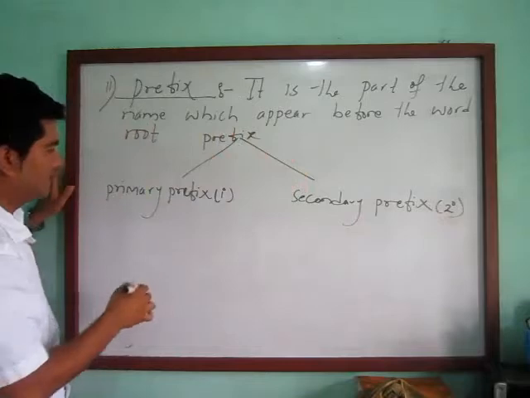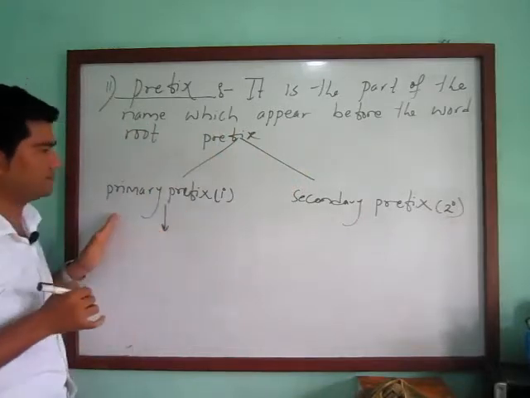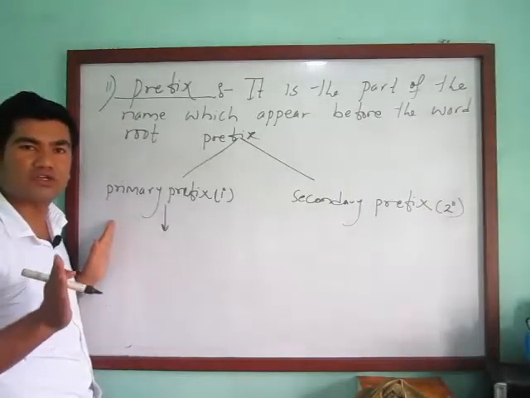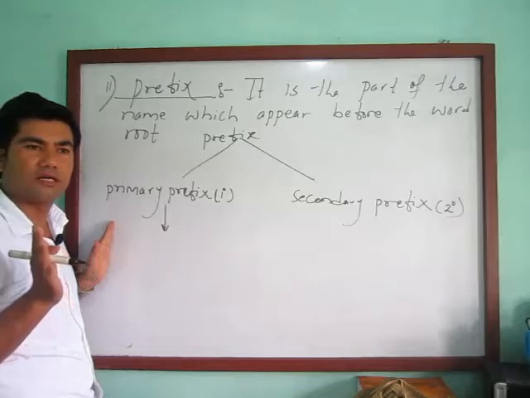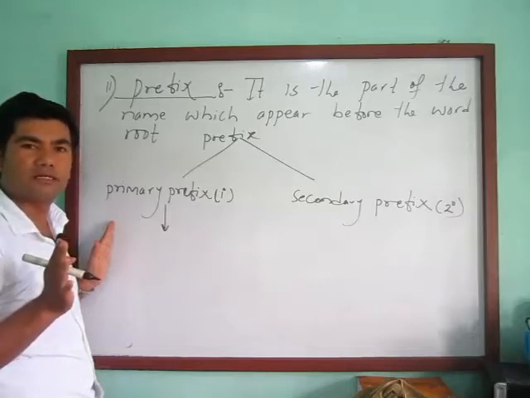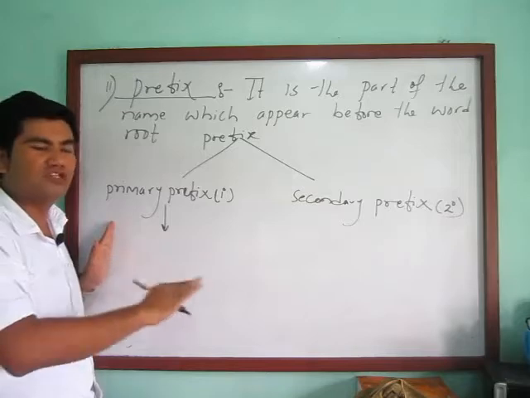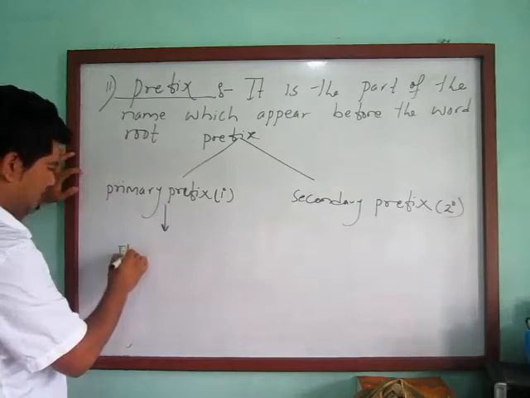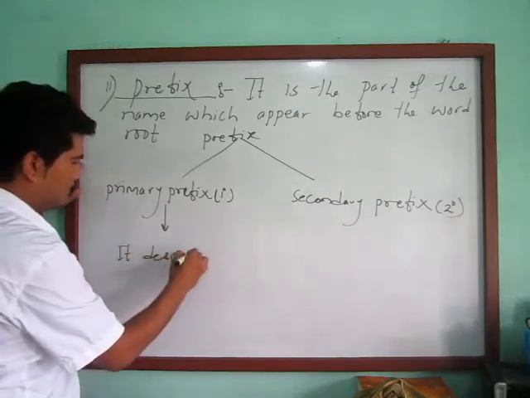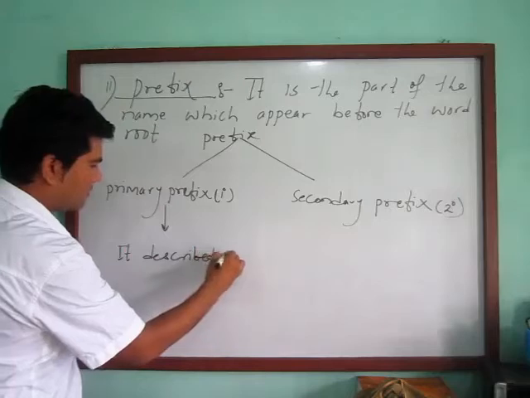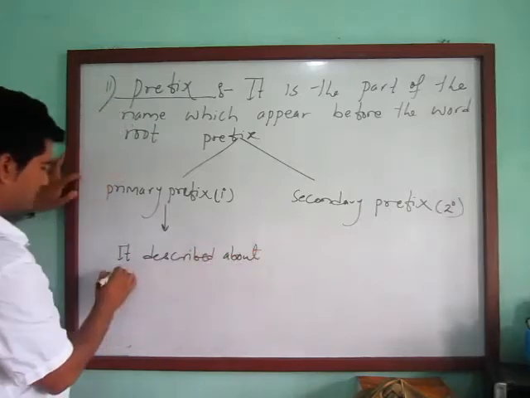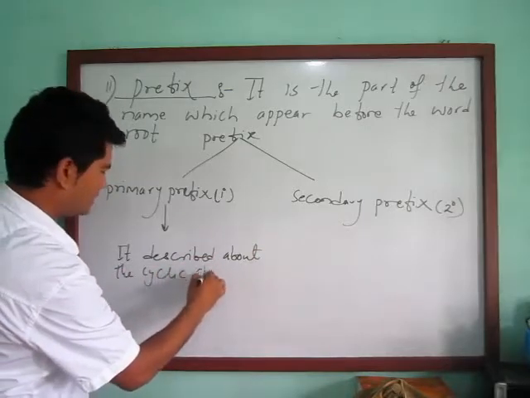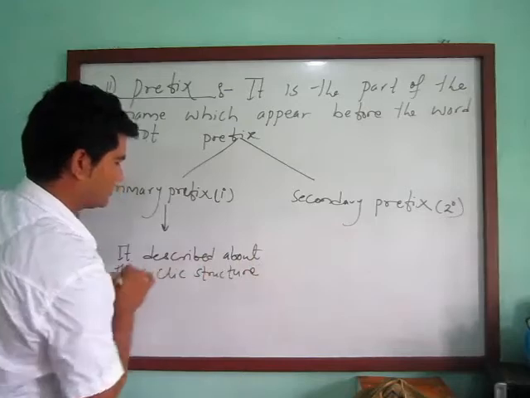And everybody, the primary prefix tells about the cyclic structure of the compounds present in the main chain of the given organic compound. It describes the cyclic structure.